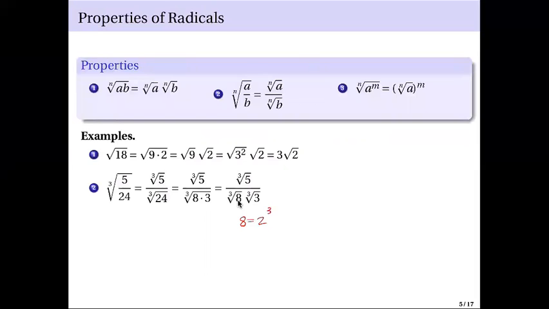Which means cube root of 8 is equal to cube root of 2 to the power 3. And therefore, the 3 here cancels with the 3 here. We'll just get 2.